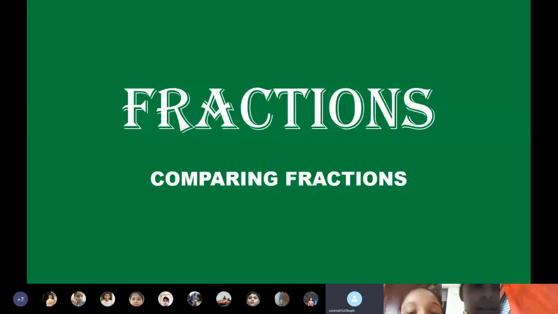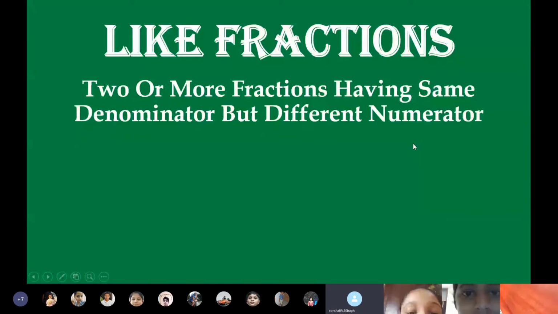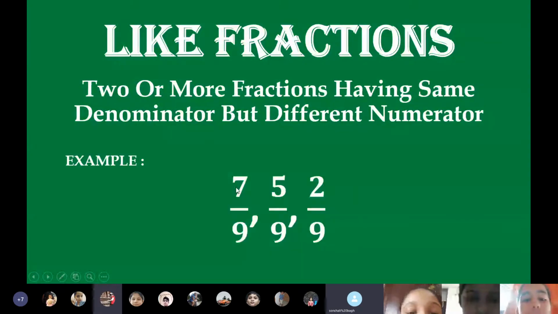So two or more fractions having the same denominator but different numerators are known as like fractions. Let me give some examples. See, 7 by 9, 5 by 9, 2 by 9.